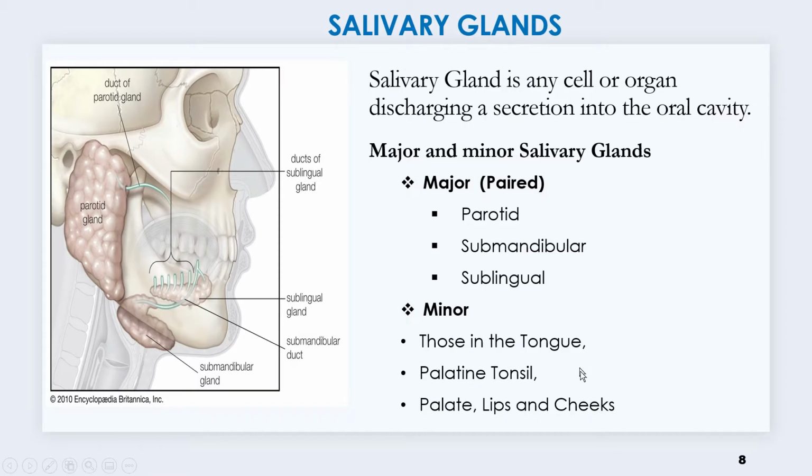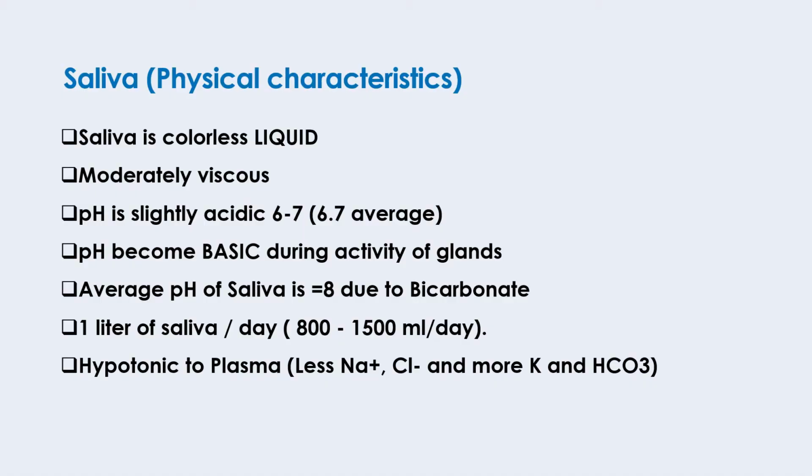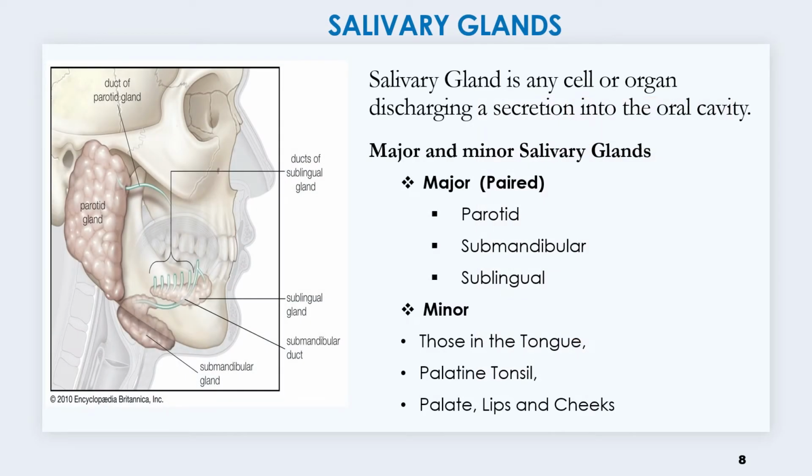So as I told you, there are some major salivary glands and some minor salivary glands. Now we will see the contribution of these glands in the formation of saliva. First of all, we must know that saliva consists of water and solid material.